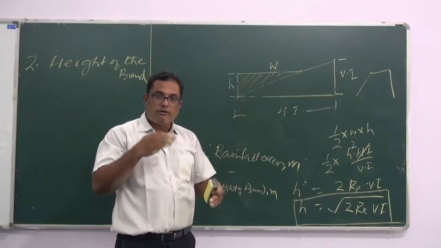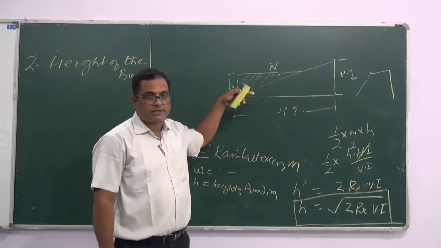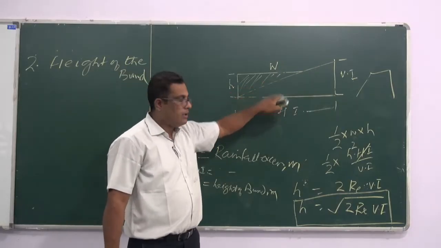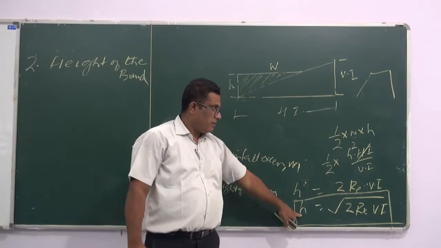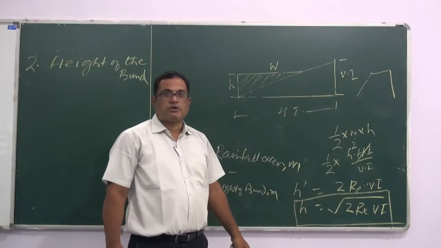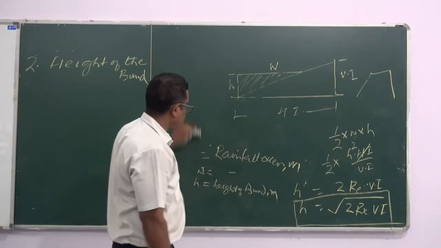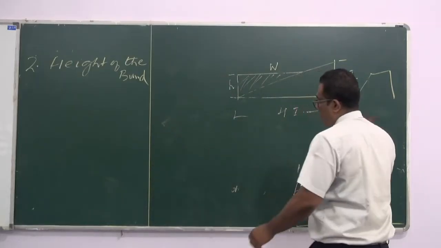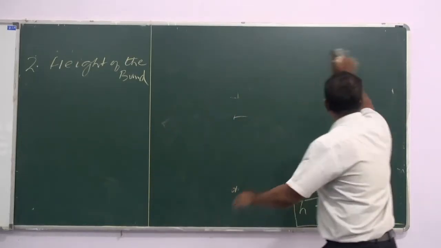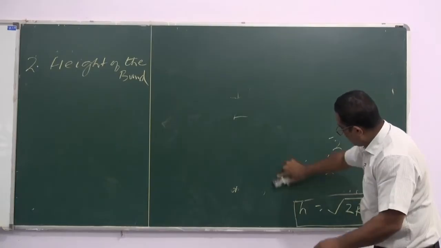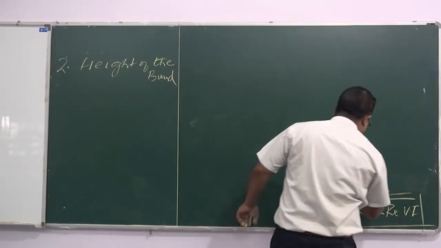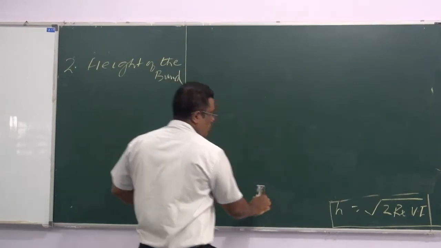No. The rainfall excess, that is the extra amount of rainfall which results in runoff, will be stored here. So this we have converted in terms of height. You have to jot these formulas down somewhere, and whenever there is a numerical based on it, you have to use it.